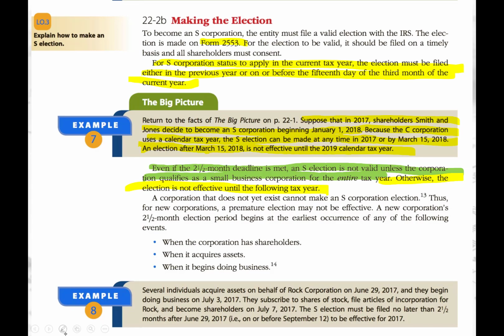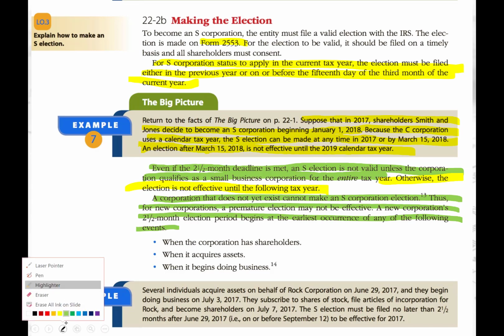Now, you could have the situation where they are trying to elect S corp status before they have even formed the corporation yet. So that can't happen. Certain events have to have occurred in order for them to even file as an S corporation, and it has to be any one of these. It doesn't have to be all of these.